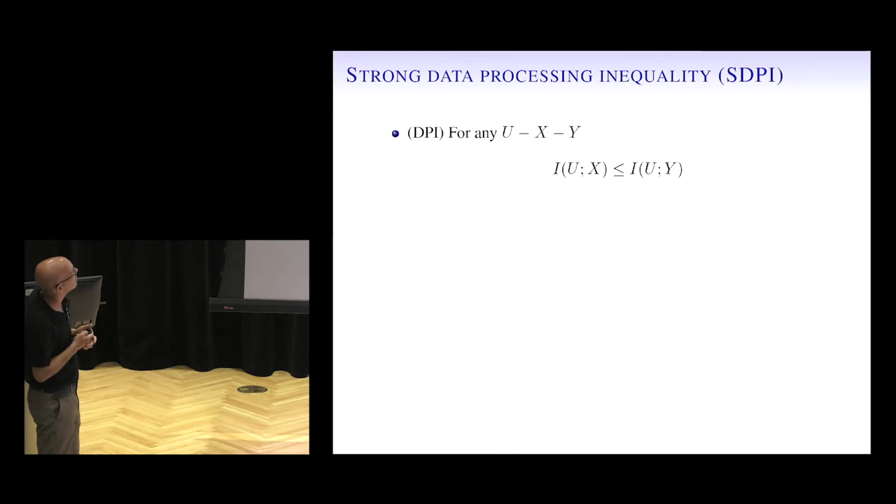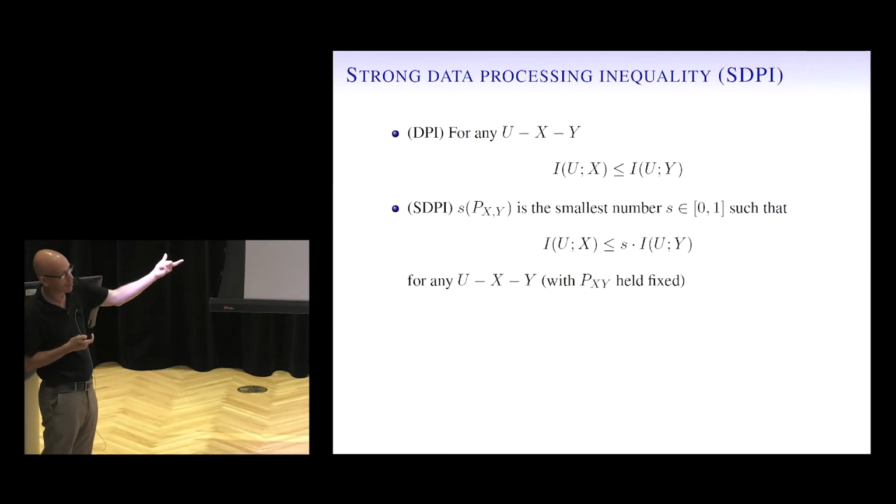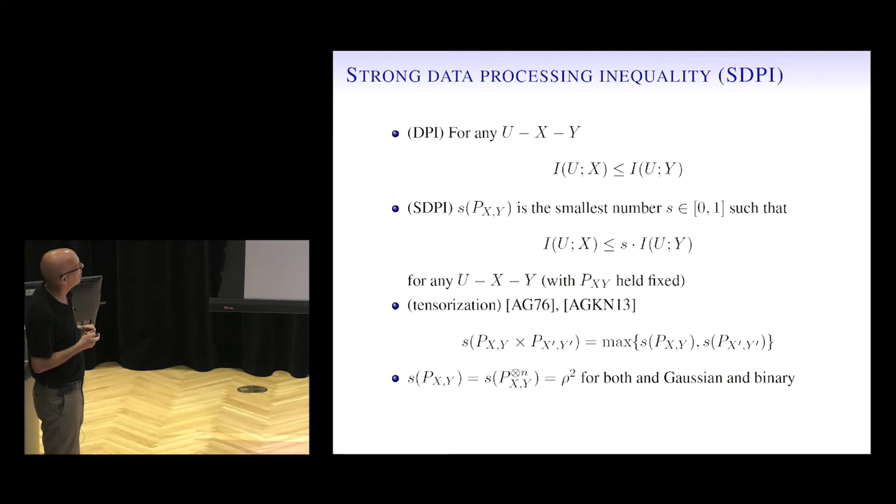Remember that the data processing inequality says that whenever you have a Markov chain U-X-Y, then I(U;X) is larger than I(U;Y), right? And the strong data processing inequality says, okay, let's try to plug in some constant there. And S of P_XY is the best constant you could put to make this inequality tight for a specific P_XY.